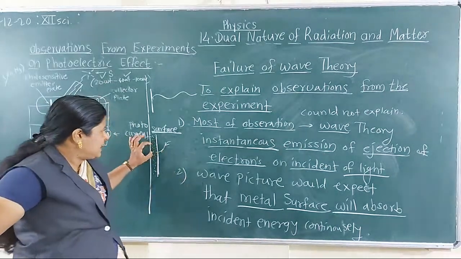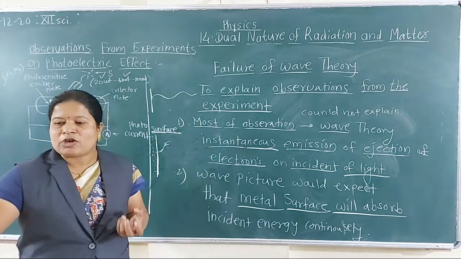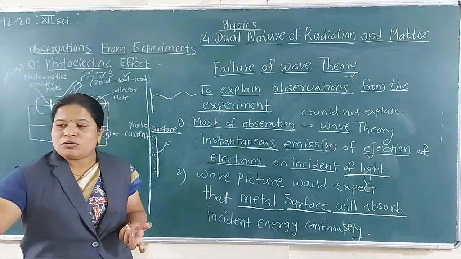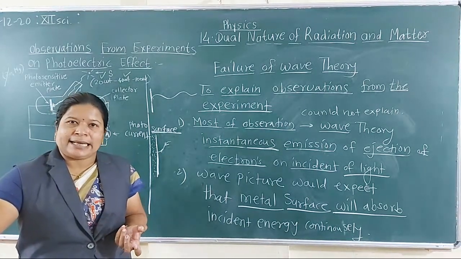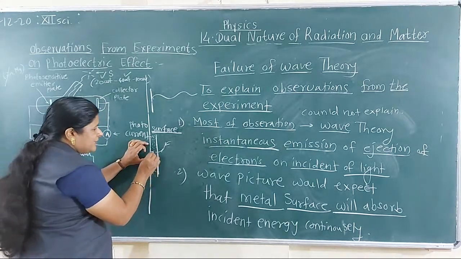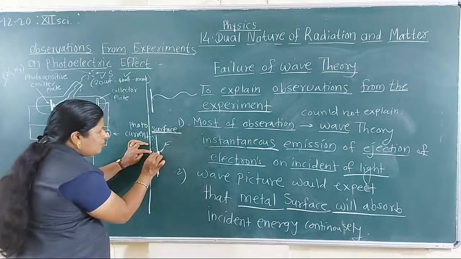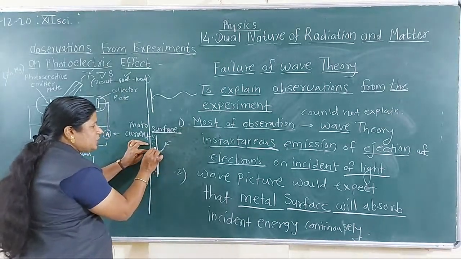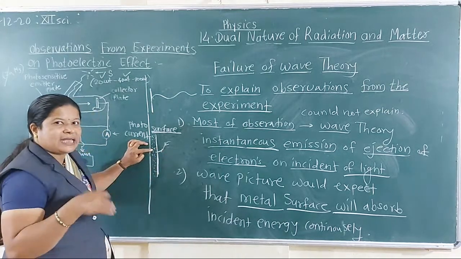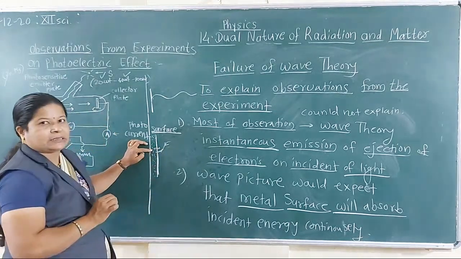That means this metal surface requires some time to accumulate sufficient energy to knock out or knock off electrons. The wave theory expectation is that the electrons near the surface will absorb this incident radiation energy, and these electrons take some time to come out of the surface.